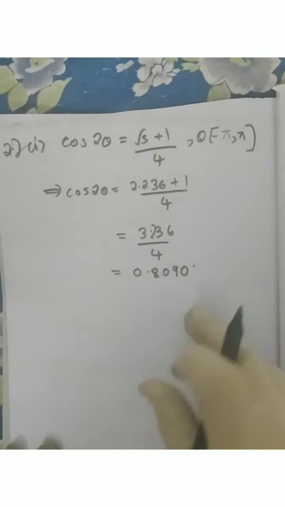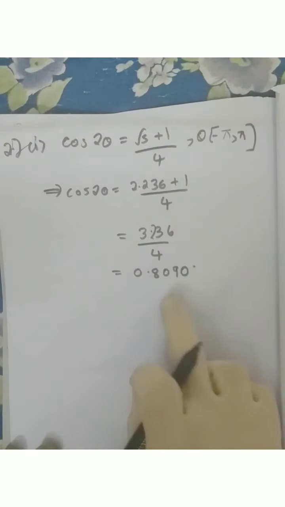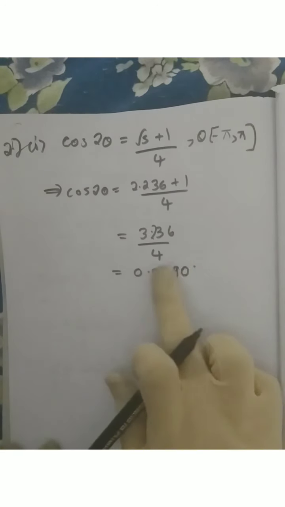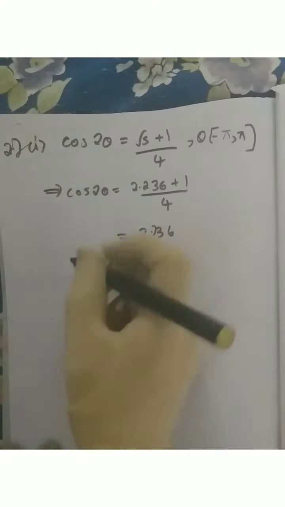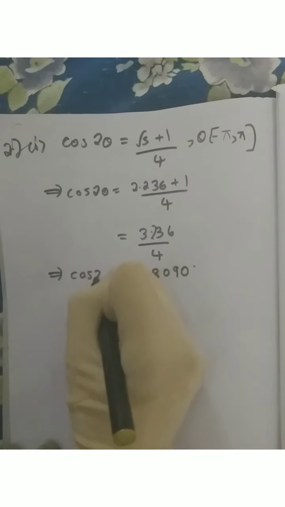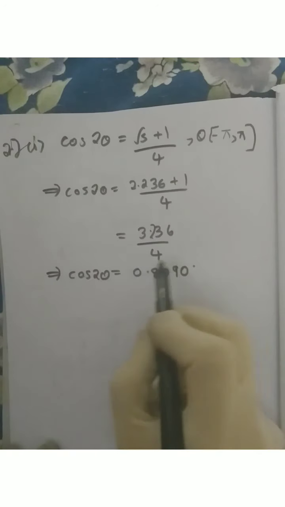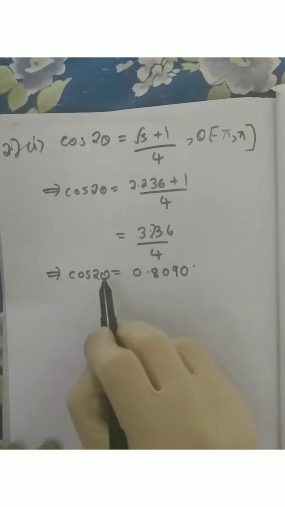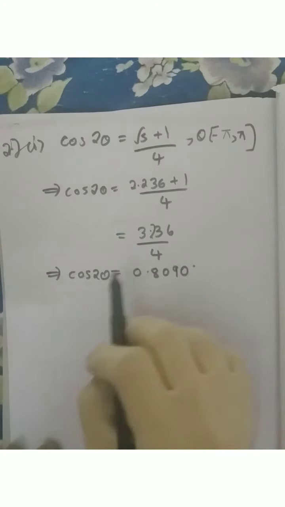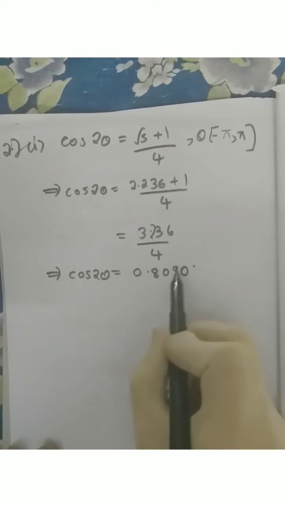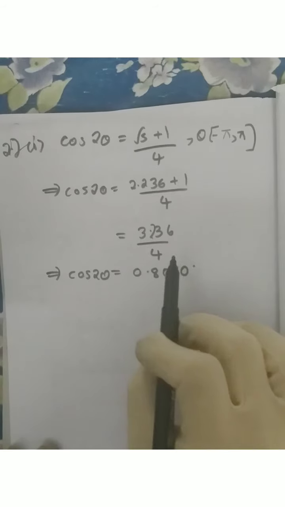0.8090. Okay, and from the values of a table which we have, we can find out the value of 0.8090 in terms of cos, because in the LHS I have it in terms of cos, as you can see here. So on the RHS also I want to make it in terms of cos so that I can compare the angles of theta. If I see carefully, I get the value of 0.8090 as cos 36.